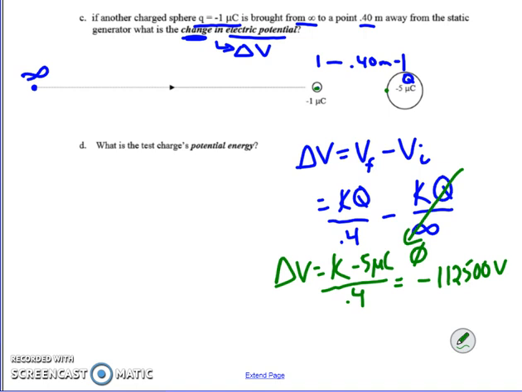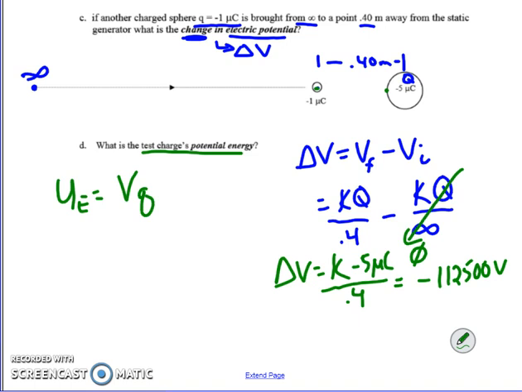Now we can ask, what was the test charge's potential energy at that point? The potential energy at that point, UE, is nothing more than the voltage at that point multiplied by the amount of charge that I brought there.